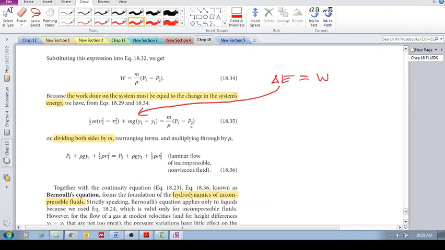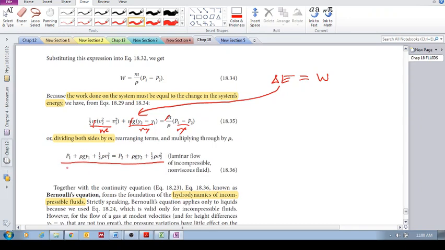Then if we take this and divide by m everywhere, all of these cancel out, and if we multiply by rho, we will get this. This is Bernoulli's equation: pressure at 1 plus rho g y1 plus half rho v1 squared, and then it's the same on the right hand side but at a different point.